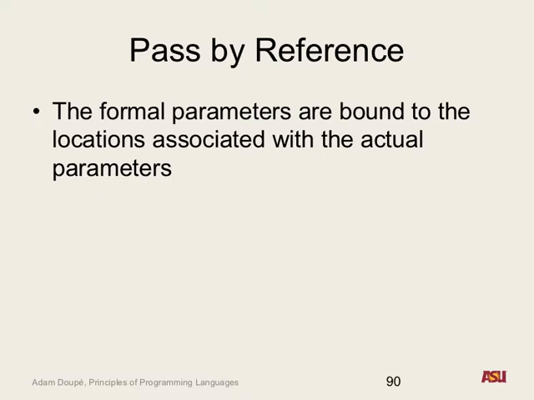We want to actually bind that name to the location that was passed in. So what does this mean about the parameters that we're passing in when we invoke a function using pass by reference? Would they be pointers?